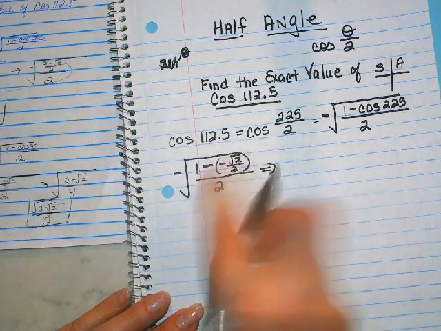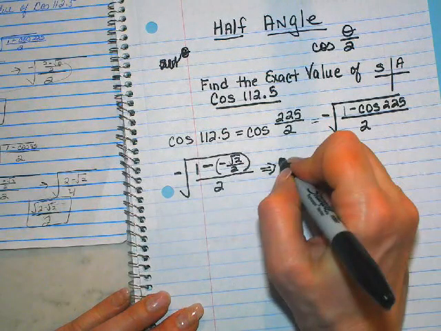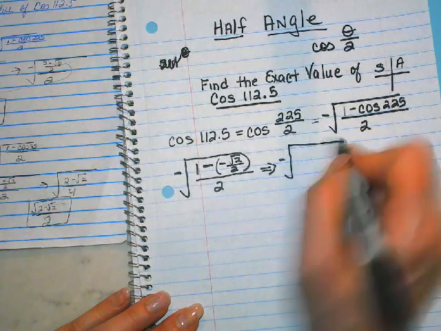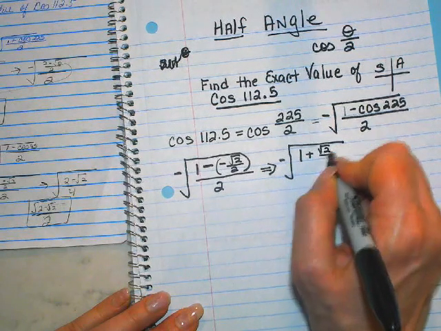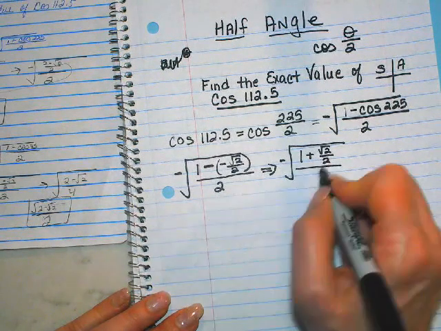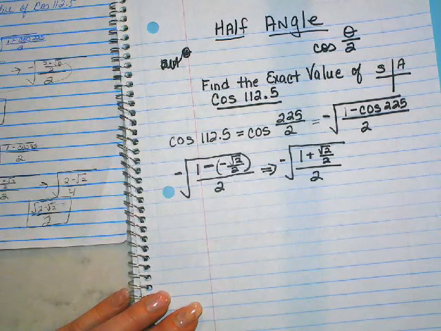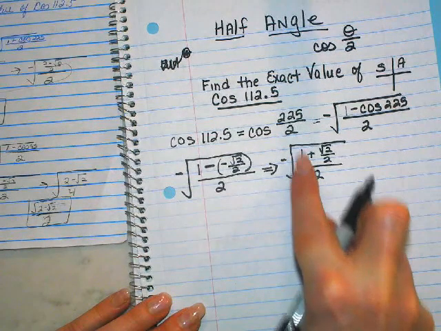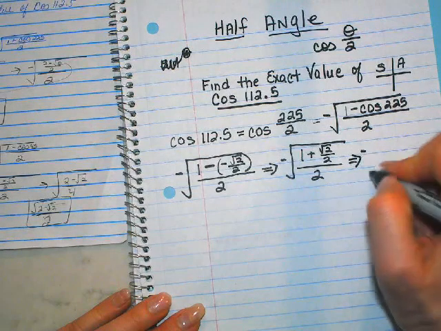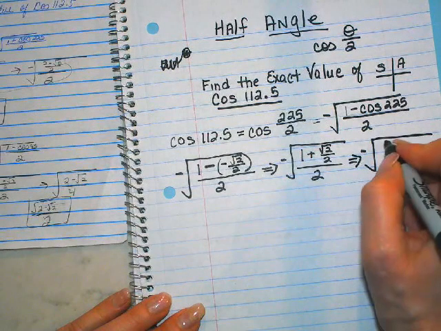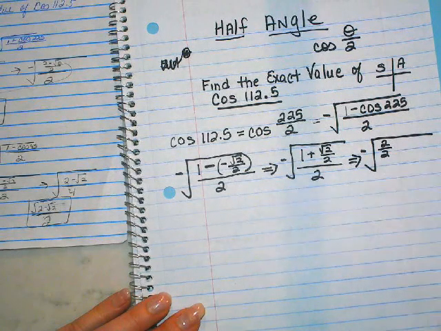Let's simplify that numerator. So it's negative the square root of 1 plus radical 2 over 2, and the whole thing is still over that denominator of 2. What I'm going to do is change that 1 so I can simplify it to 2 over 2.